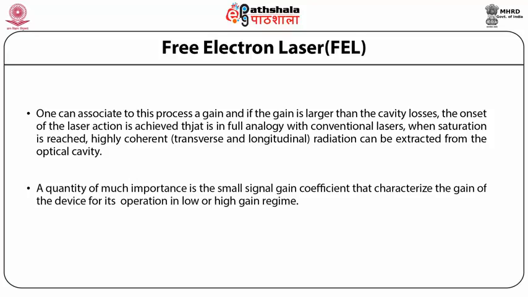A quantity of much importance is the small gain coefficient that characterizes the gain of the device for its operation in low or high gain regime. The figure gives a layout of a free electron laser single passage.